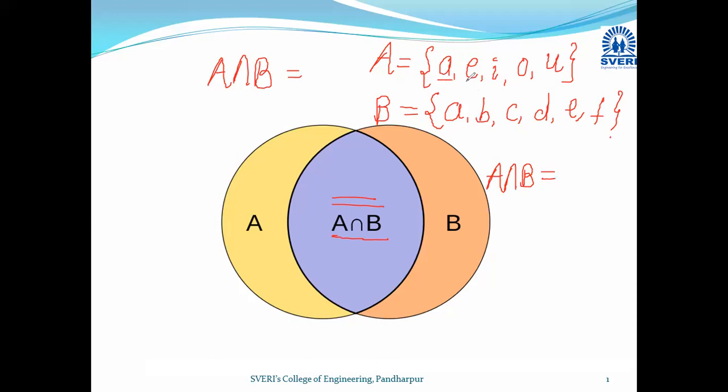So what are they? A, E. Therefore, A intersection B means here the set of A, E only. Okay. Now, next.